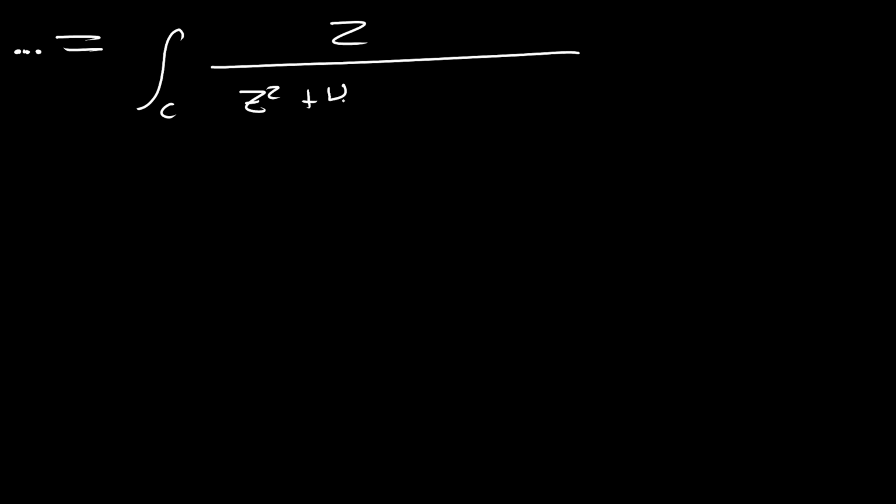So we're going to get the integral over our contour of 2 divided by z squared plus 4iz minus 1 dz. And now this is something that we can actually begin to work with, because this is a quadratic in our denominator. We have a z squared, we have a z, and then a z0 term.